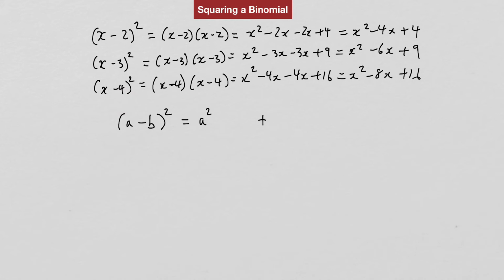Negative 4 squared is 16, negative 3 squared is 9, negative 2 squared is 4. So we know that this is going to be positive b squared. Okay, and we just noticed that the middle term is the product of the two, right? We multiply these two together, and then we double it.